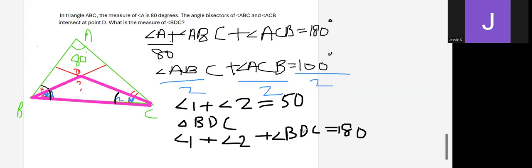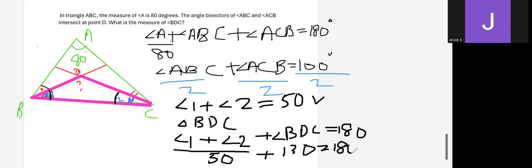Now we know that angle 1 plus angle 2 is 50 degrees, so 50 plus 130 will be 180 degrees. So the measure of angle BDC, the angle we're looking for, is 130 degrees.